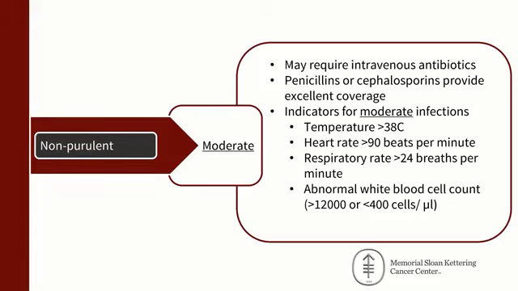An infection is categorized as moderate in contrast to simple if the patient has a typical cellulitis accompanied by systemic signs of infection, which may include a temperature greater than 38 degrees Celsius, a heart rate greater than 90 beats per minute, a respiratory rate greater than 24 breaths per minute, and an abnormal white blood cell count, either elevated greater than 12,000 or depressed less than 400 cells per microliter.